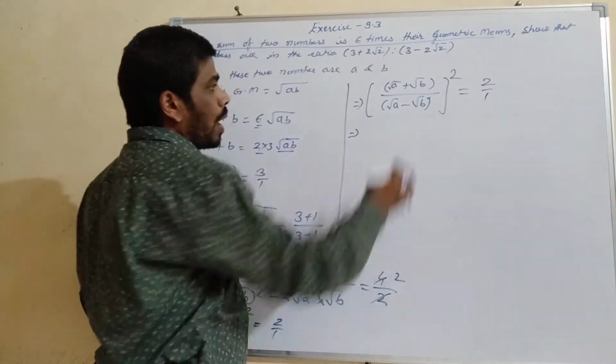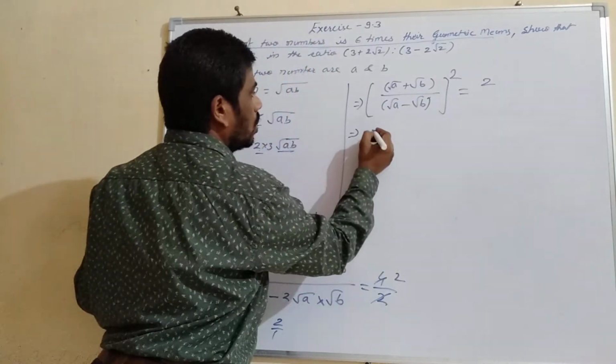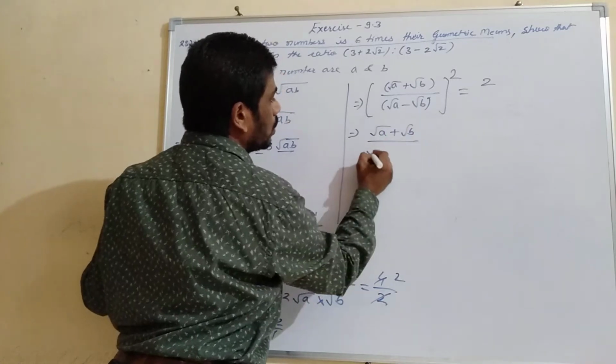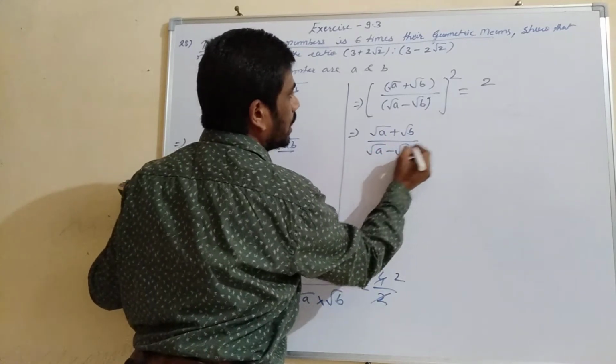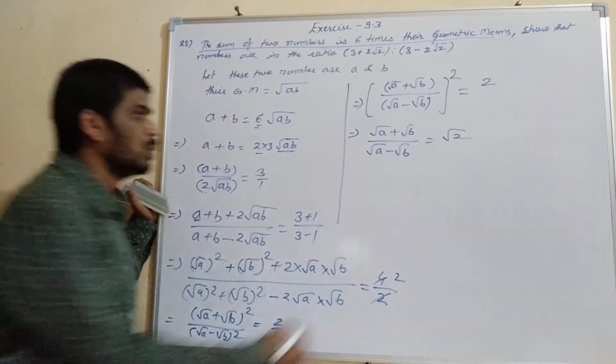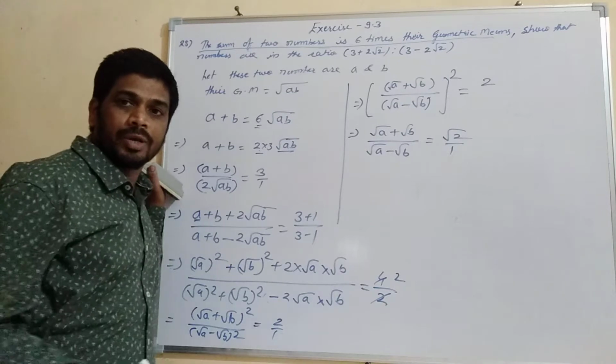So this square we will remove by taking the square root. So root a plus root b upon root a minus root b equals root 2, which we can write as root 2 upon 1. Now again we will apply componendo dividendo.